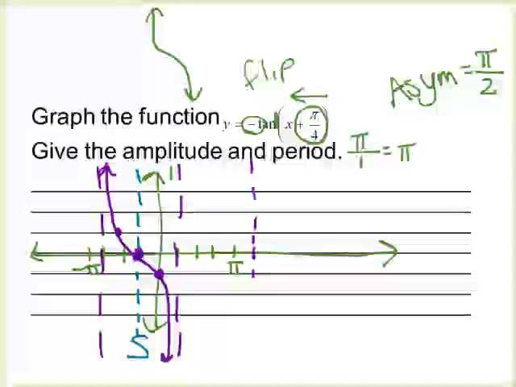So I can go 4 markings away to make my next asymptote, and then repeat the shape. Questions?